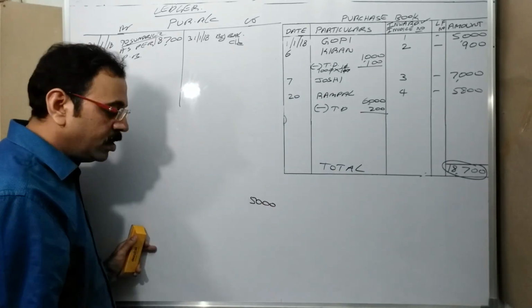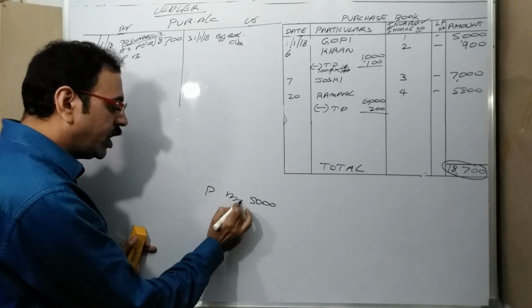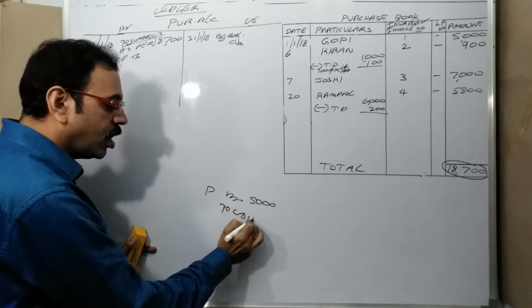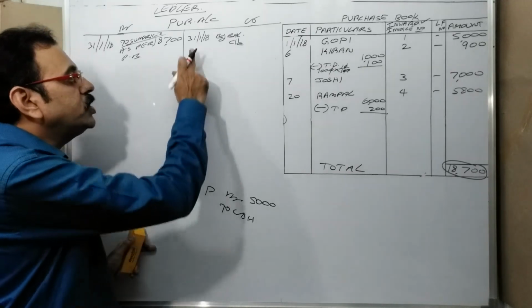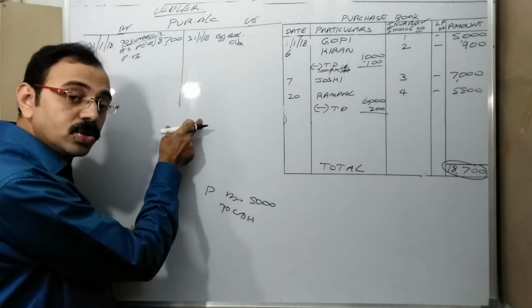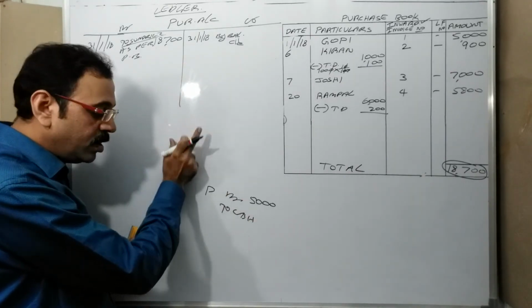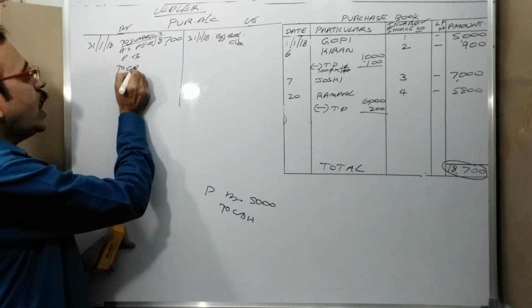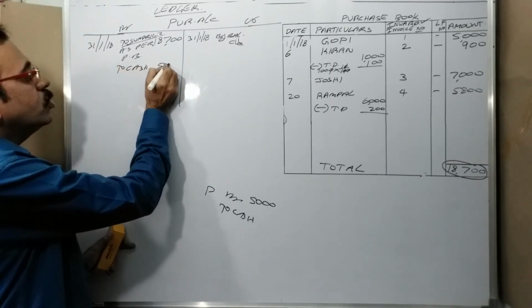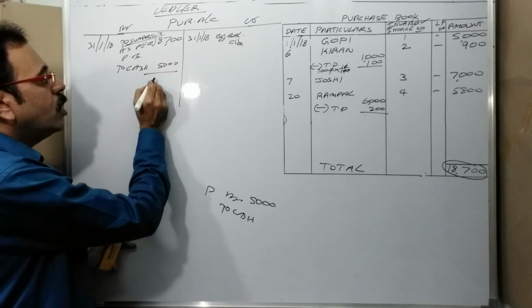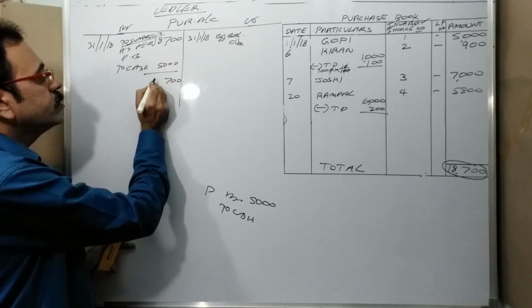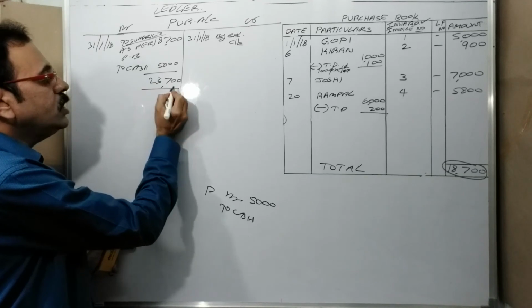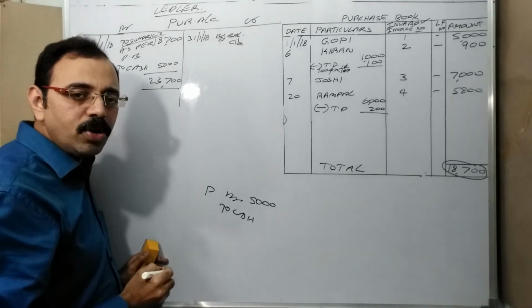What is the entry? Purchases account debit to cash account. In the purchase account, that entry also we have to post. Which side? Purchases are in debit. So, on the debit side, to cash, 5,000 rupees. Now the total is 23,700 rupees.